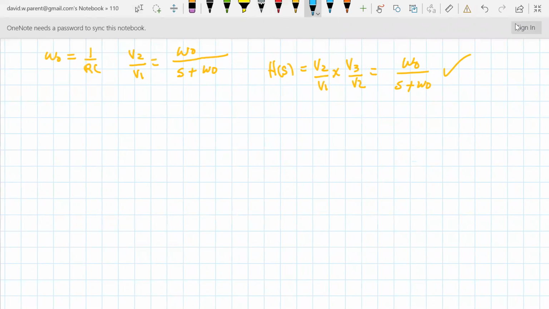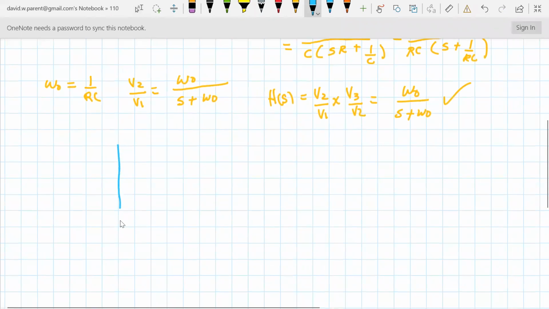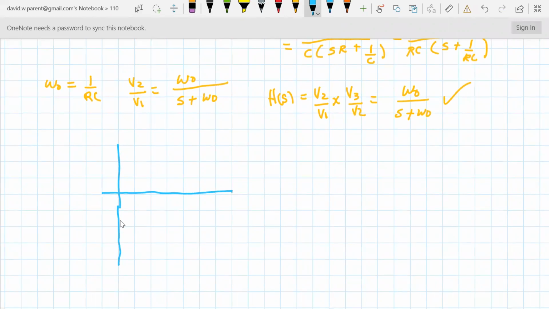So now, let's move on to the Bode plot. And yeah, as time goes on, these will get easier to do. So we're plotting omega, which is radians per second. And I can recognize that this is a low pass filter, right?